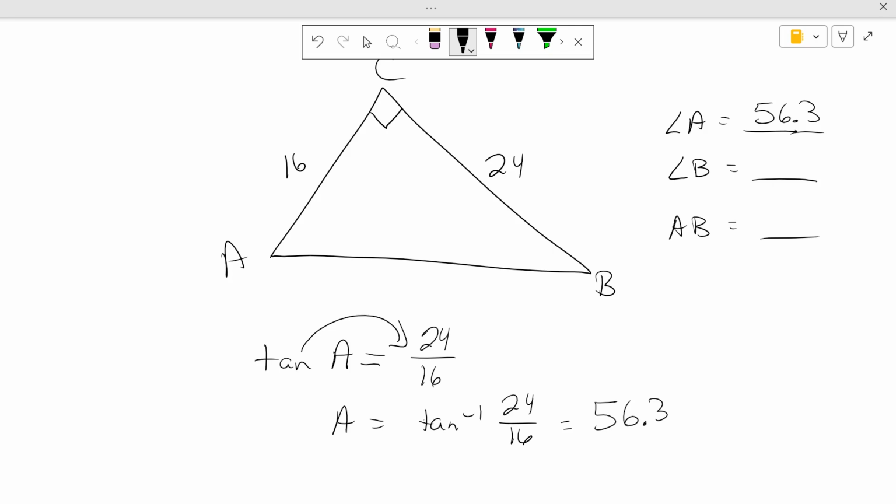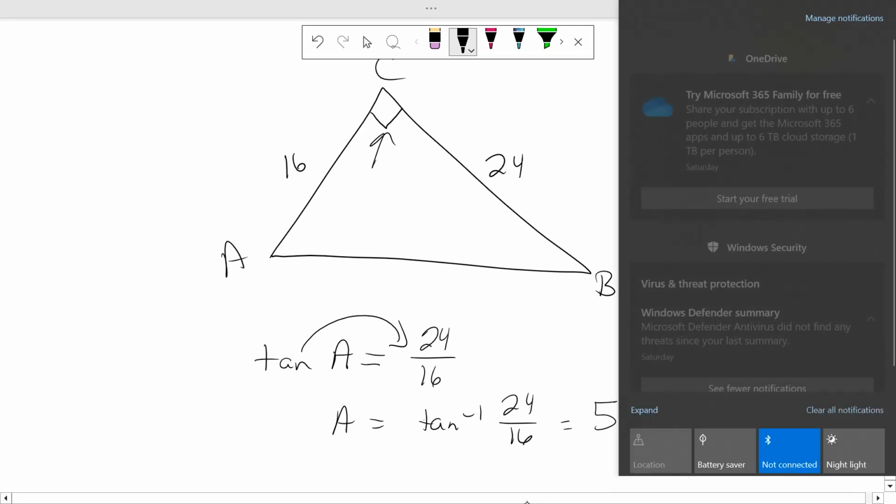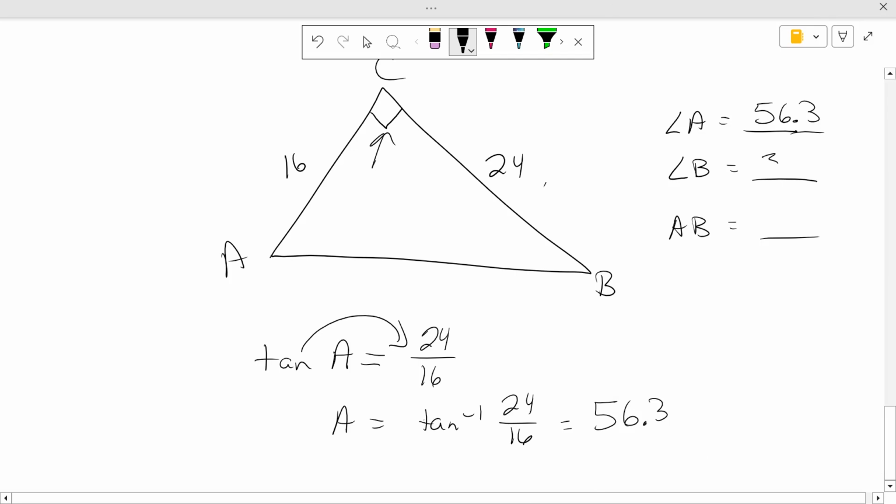Because there's 180 degrees in a triangle, 90 of it is used up there, so I have 90 left to share between the other two. So 90 minus 56.3 is 33.7.